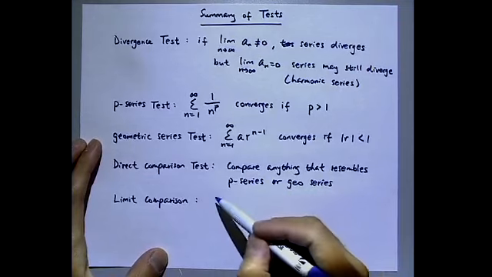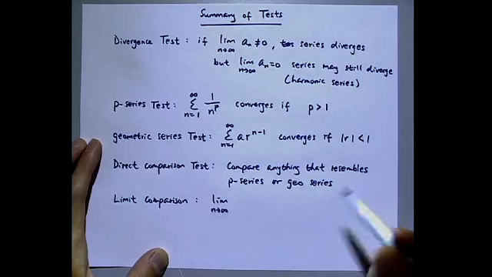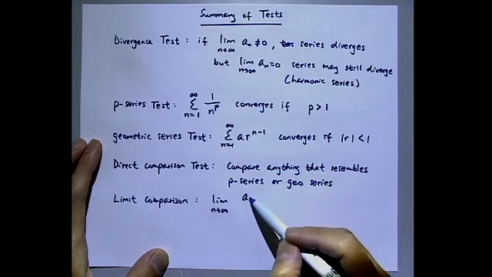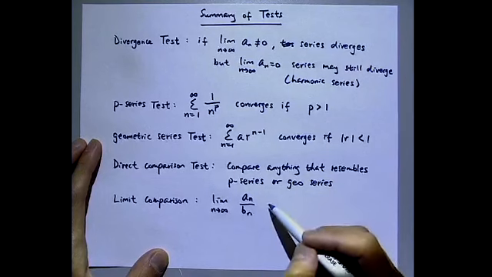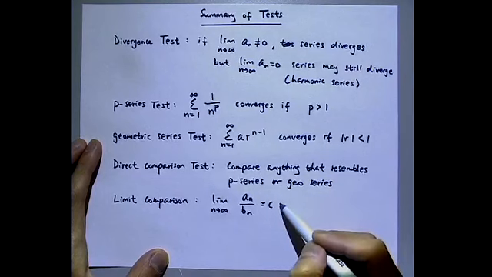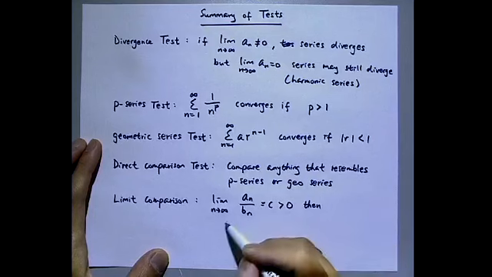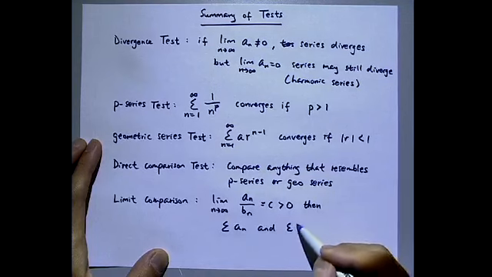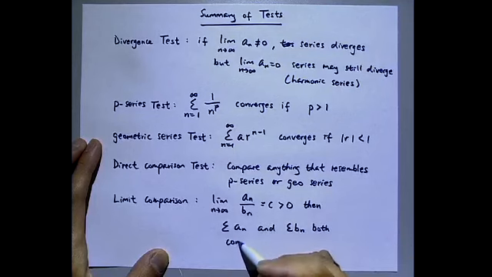So what we do here is we take the limit of the series you're testing divided by a known series. And if this is equal to a positive constant, then both converge or both diverge.